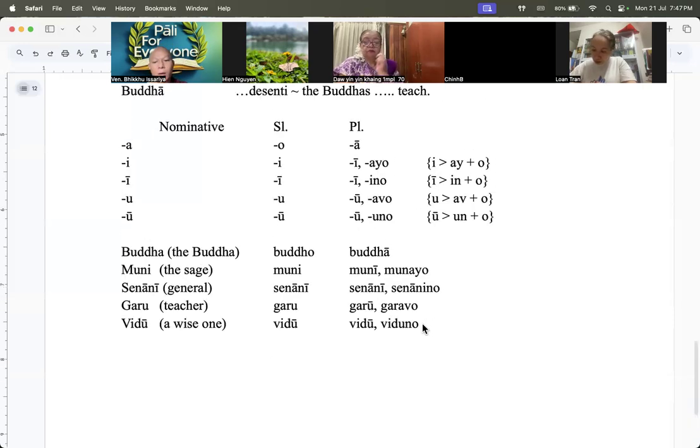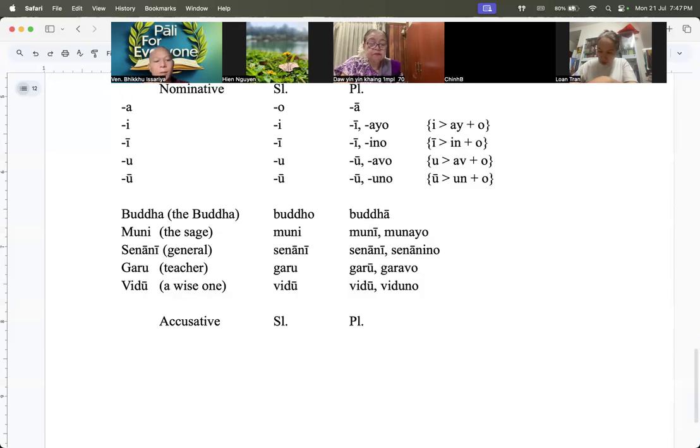So now the accusative, singular and then plural. So the vowels are A, I, I, U, and U.